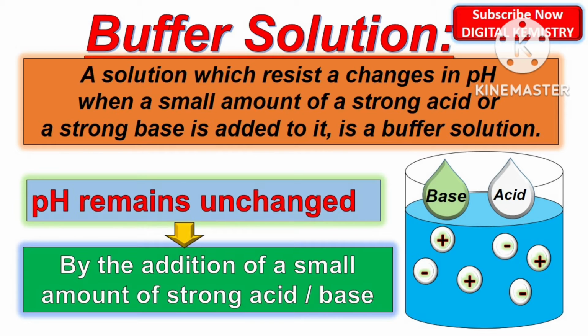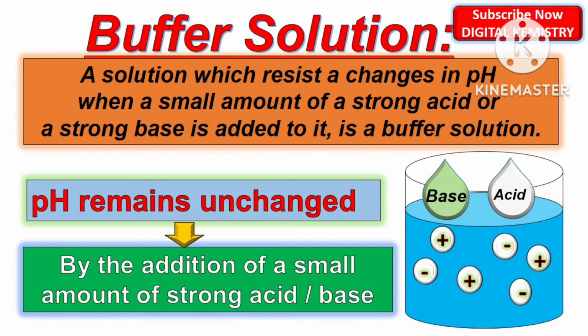But if you reverse this ratio, then minus will become plus. In the HA divided by A minus, minus log was there, A minus meaning anion. Now you are reversing, so minus log will become plus log, and A minus will go upside, HA will come down.